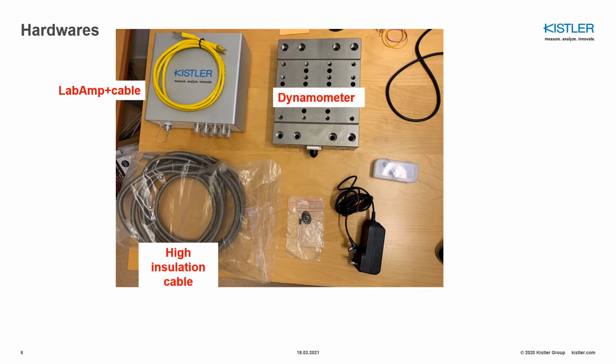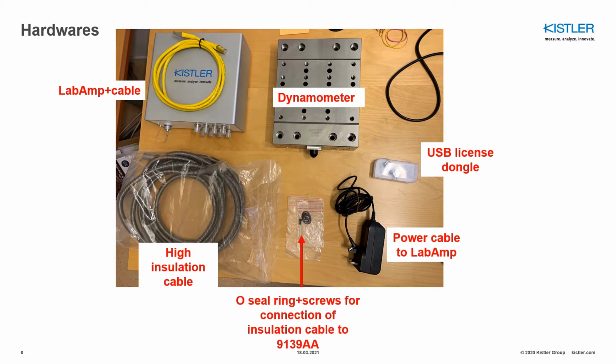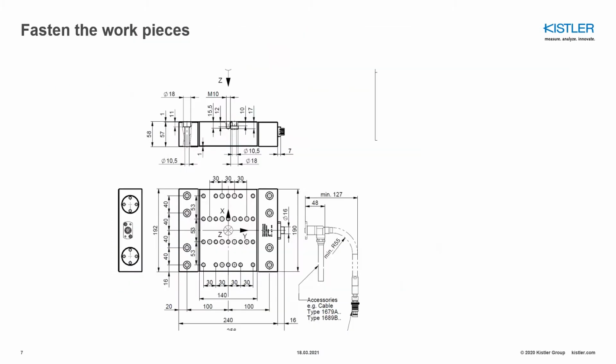We have a high insulation cable. We have a USB license dongle, the power cable to the LabAmp, and we need the O-seal ring and screws to connect the high insulation cable to the dynamometer. Please really ensure that the O-seal ring is always put in the cable, which I will show later.